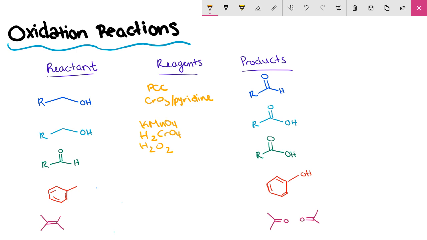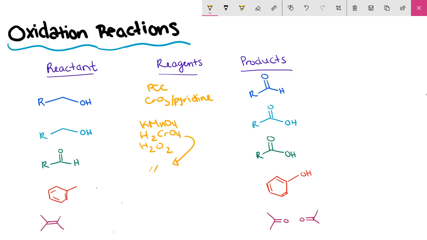That's for our second one. For the next one, it's the same thing. We want to go from an aldehyde all the way to a carboxylic acid, the one we've shown in green. And so I would say that we could do this again with the same reagents. So I'm just going to put a little thing there to show that we would use the same thing.